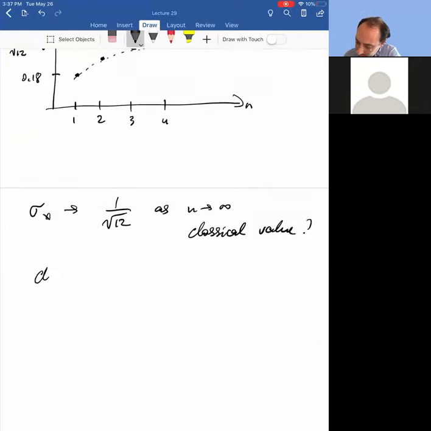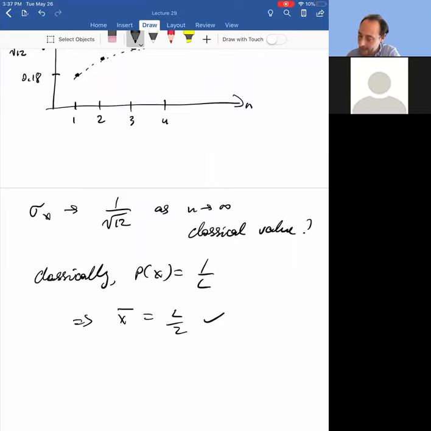Okay, so classically, we discussed that P of x is just 1 over L. We discussed that in the previous lecture. So from there, you can calculate the average value. You will see that it's L over 2. Try it. And then you can calculate this, and that's going to be L squared over 3.